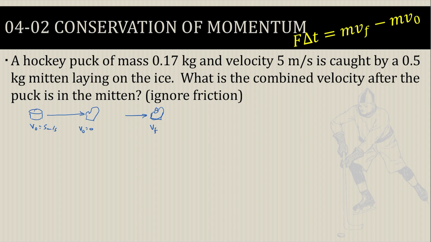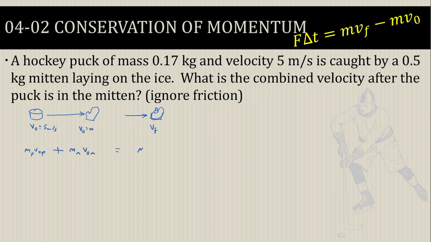Well, our system is just the puck and the mitten. So is it isolated? Yeah, it says ignore friction, so there's no outside forces. So we have the puck and then the initial velocity of the puck. We have the mitten and the initial velocity of the mitten.